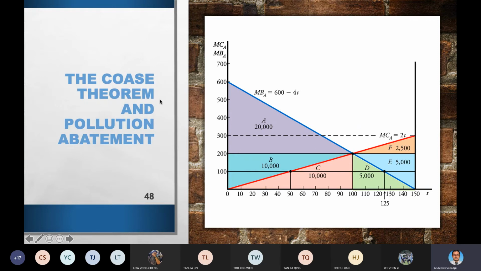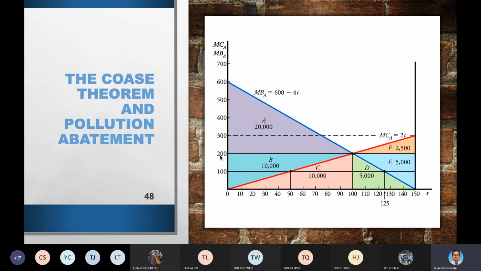So what is the efficient level? When these two interact, we abate 100 units at a marginal cost of 200. Okay. Now, based on this theory, how are these two going to negotiate?